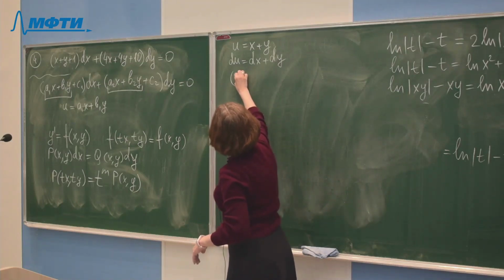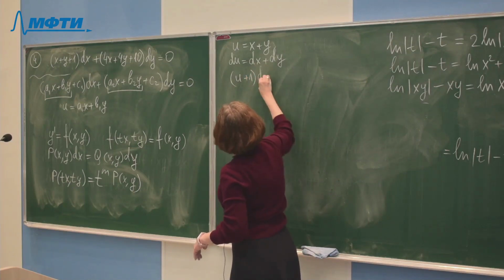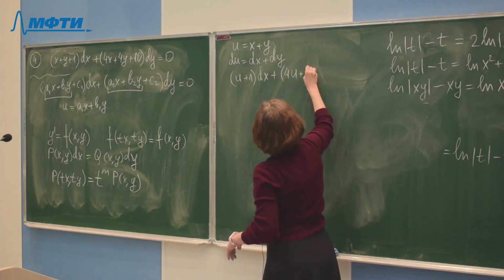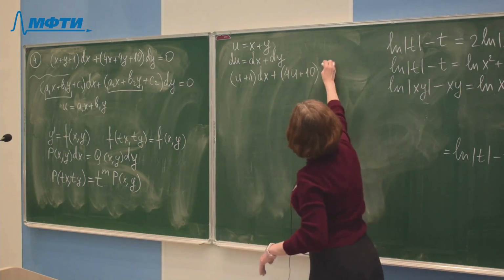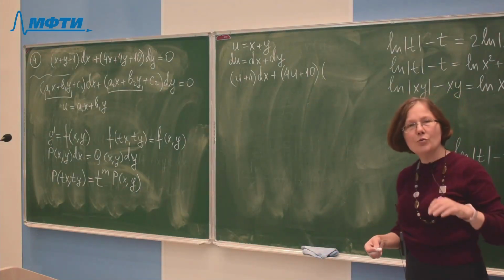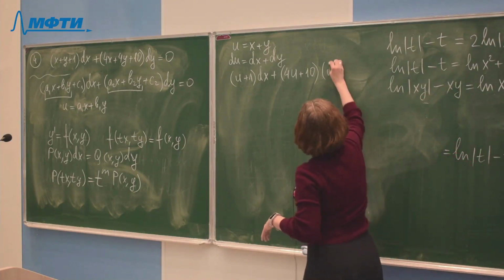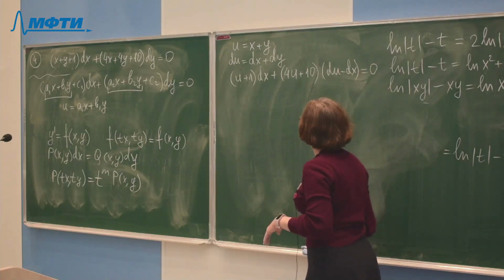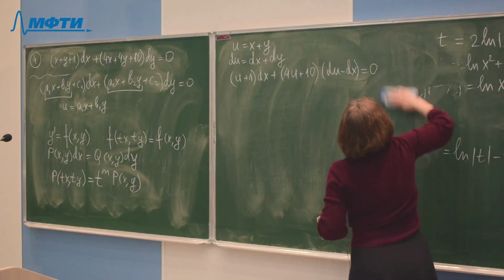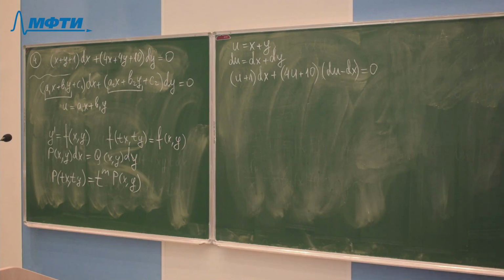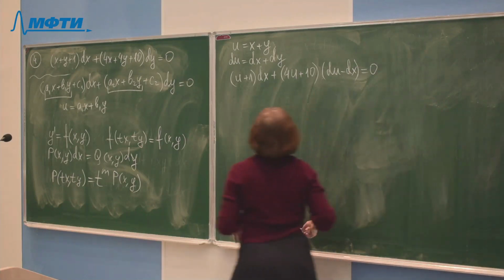This gives us (u + 1)dx + (4u + 10)(du - dx) = 0, substituting du minus dx for dy. This must be a separable differential equation. Let's check this.